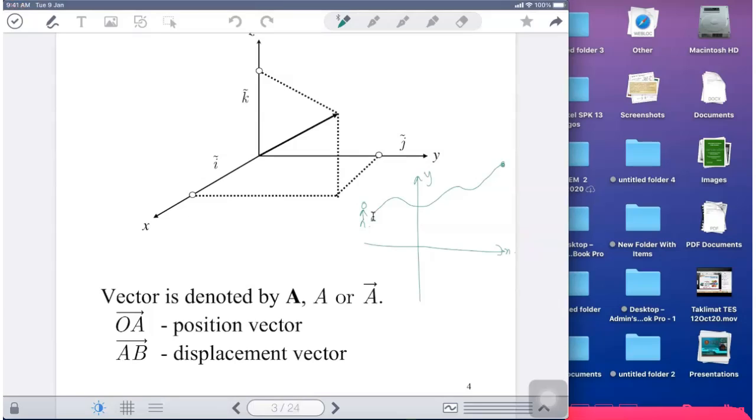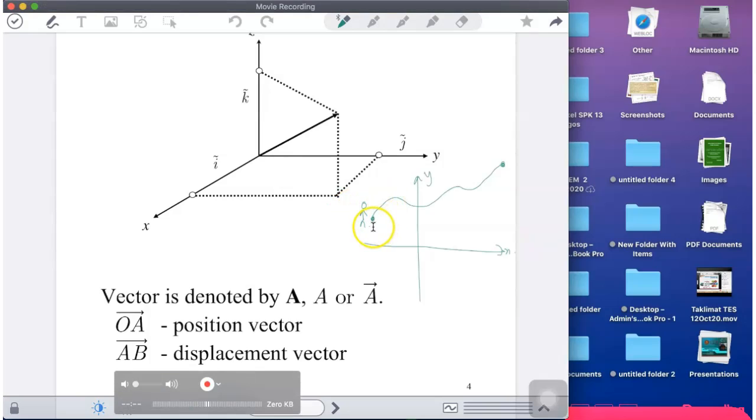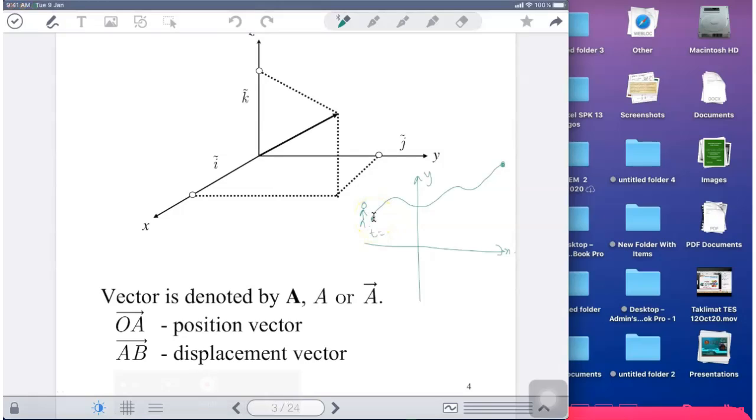Normally a vector function has a parameter. The common parameter in the vector function is t, which is time. So this is your starting point, right? That is when t equals 0, your initial point.